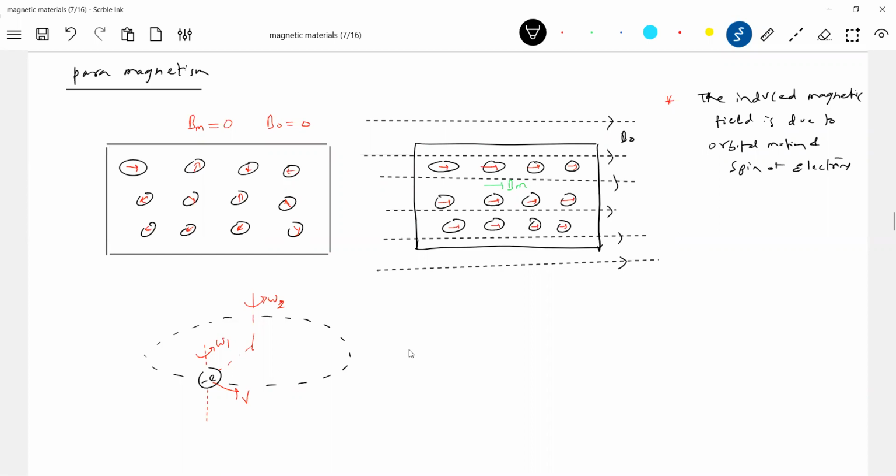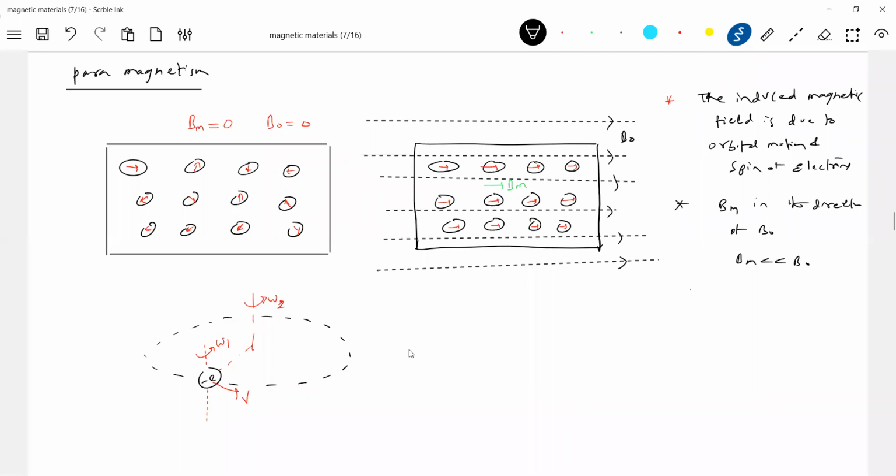Here both the spin and the speed will change. Because of that, a net dipole moment comes, individual atoms slowly get aligned, and a net magnetism is induced in the direction of B naught. This Bm is in the direction of B naught, and its value will be less than B naught.